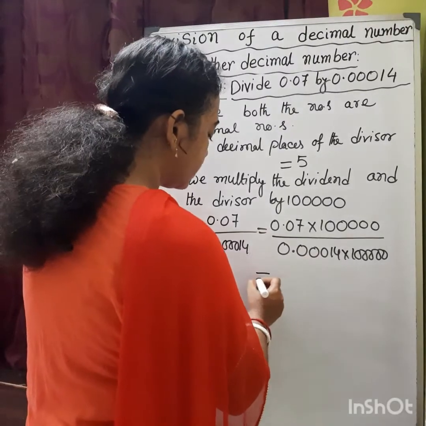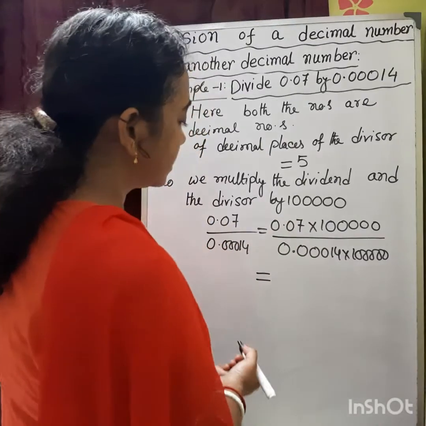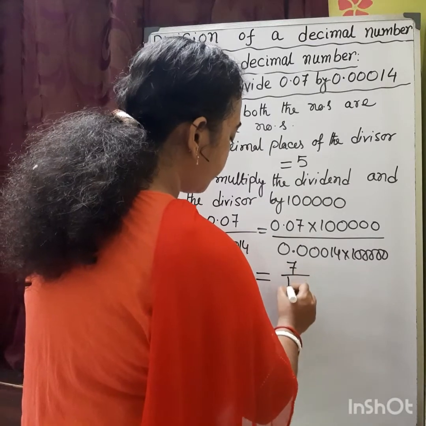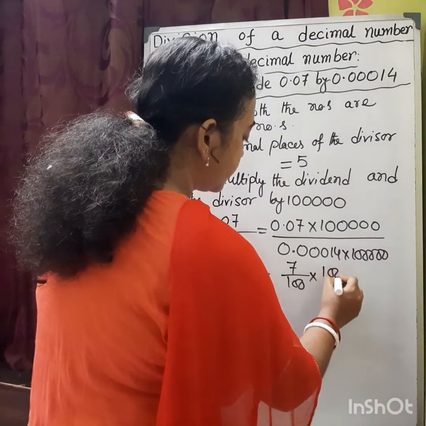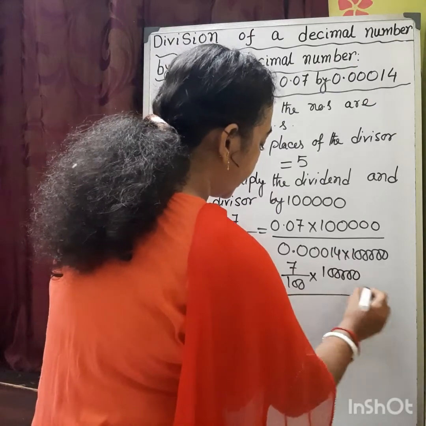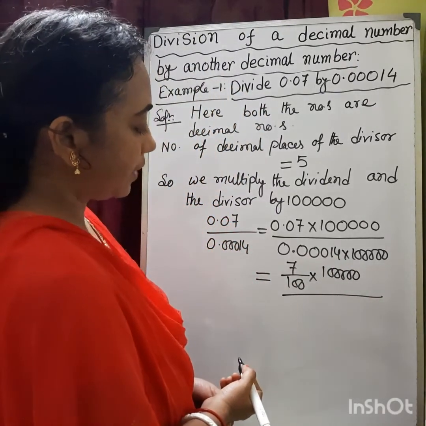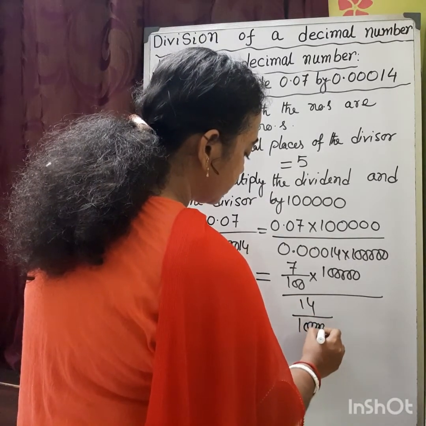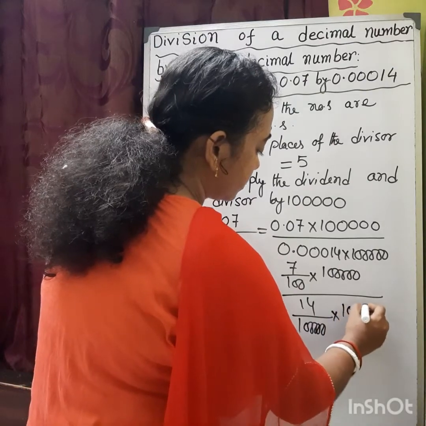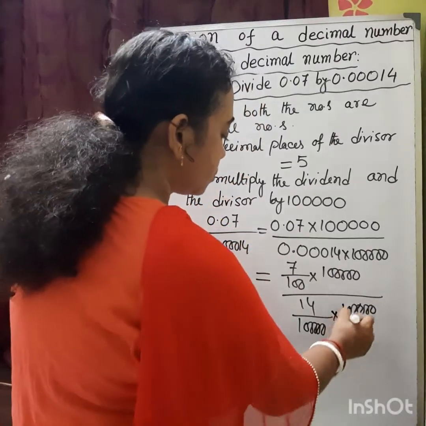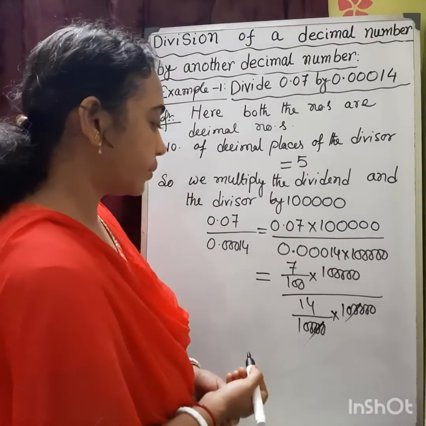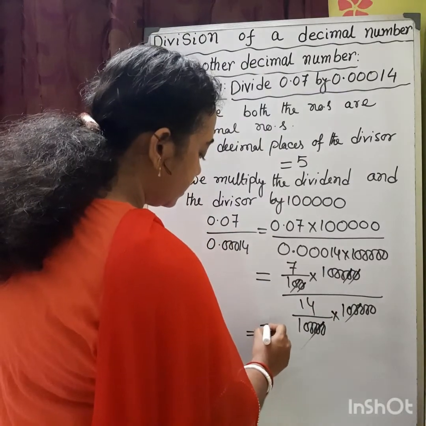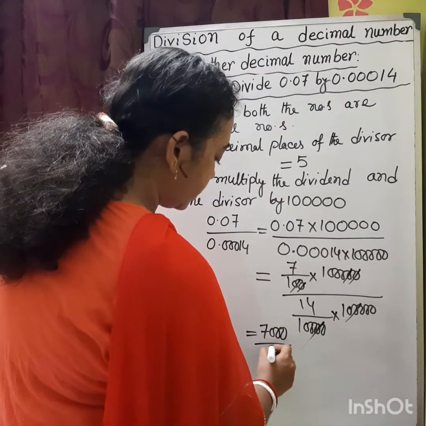As the dividend has 2 decimal places, we can write it as 7 by 100 multiplied by 1 followed by 5 zeros, divided by 14 by 1 followed by 5 zeros multiplied by 1 followed by 5 zeros, that is 1 lakh. So these two will cancel out because they have the same number of zeros. Now also this 0 will cancel out. So now here we are getting 7,000 by 14.